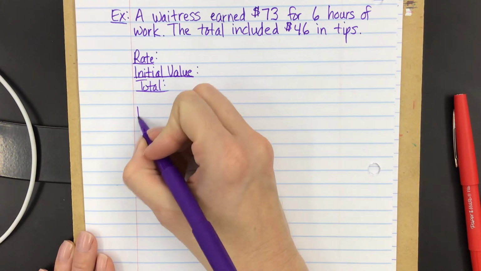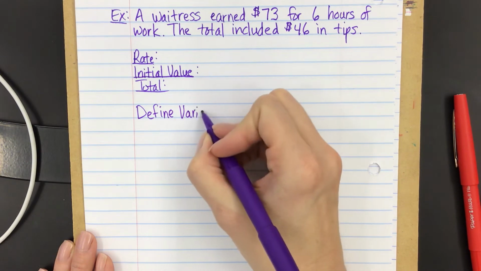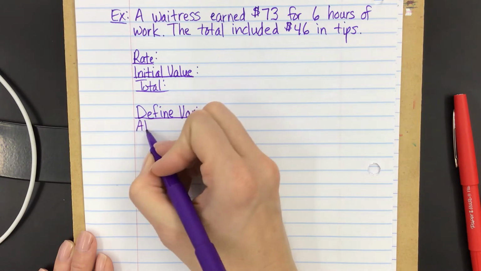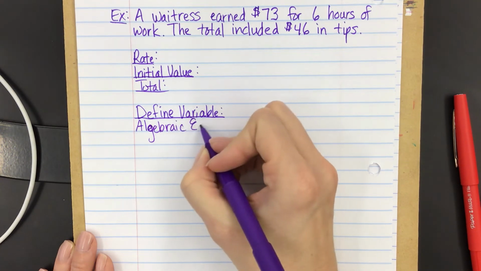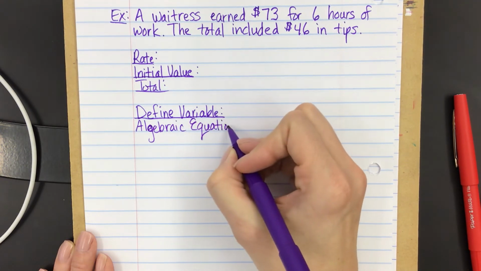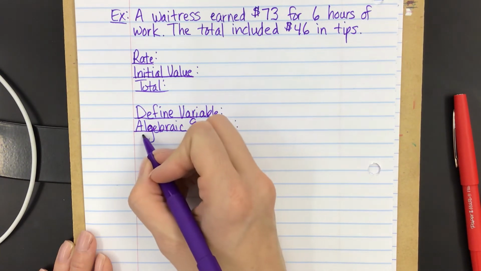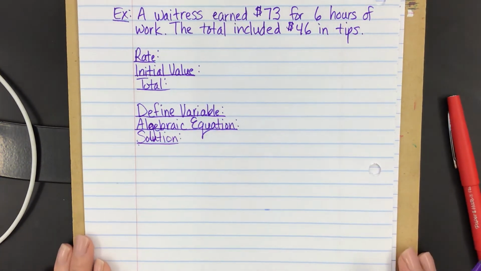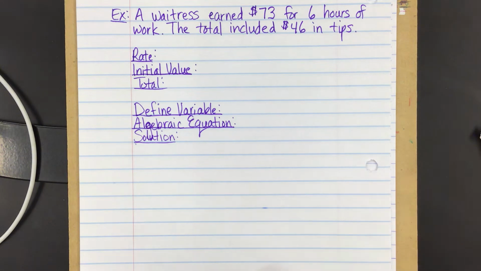And then I want you to define your variable, write the algebraic equation, and also solve it. I want the solution. Okay. So go ahead and take a couple minutes and see if you can use the notes on the other side to help you. See if you can write an algebraic equation for this and solve it.